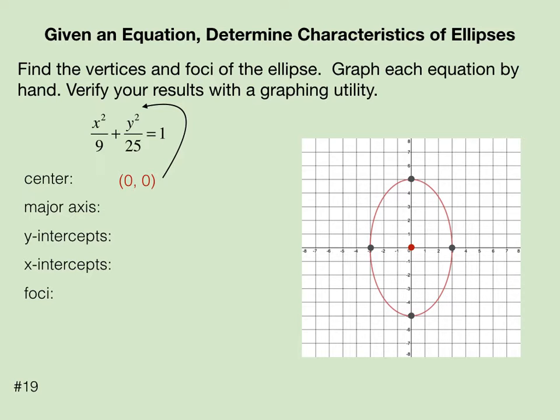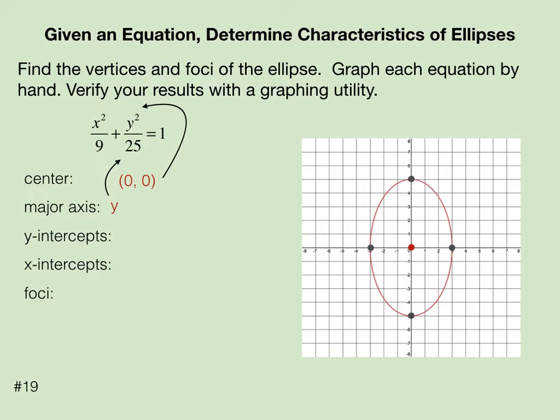My major axis on my graph is the y-axis, because it's longer in the y direction than the x direction. How I can see that in my equation is the number underneath the y squared term is bigger than the number underneath the x squared term.